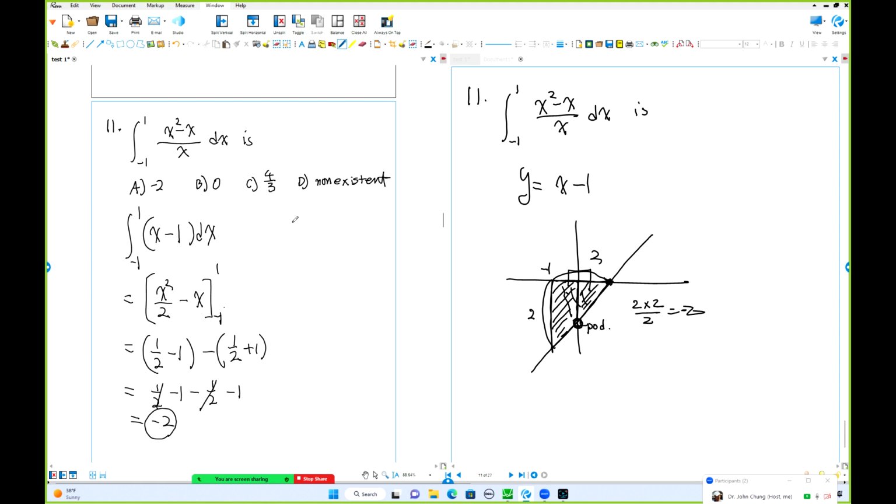Even though we have a hole in the graph over here, it doesn't matter. Okay? A hole is nothing. Just before the hole, we can make the graph of this one, and just right after it, we can calculate the area of this one, okay? But the hole has no width, no width.